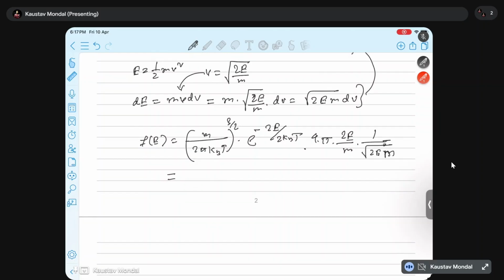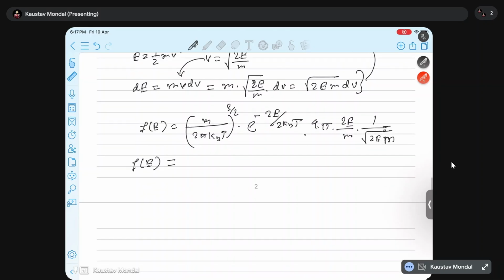Now from here, what we can do: the exponent becomes e to the power minus E by kBT, and this term will become 4 pi into 2E by m, into 1 by root of 2E by m, with m to the power 3 by 2.